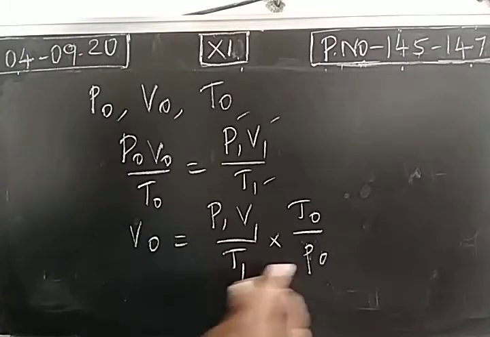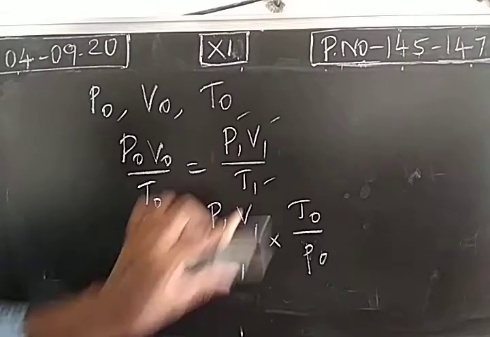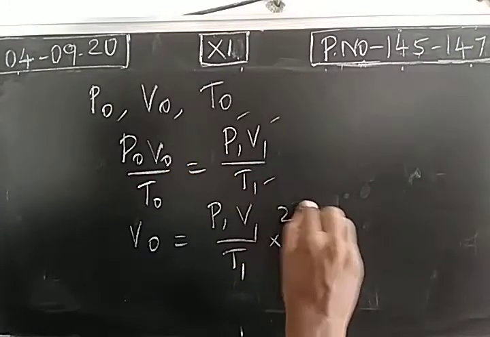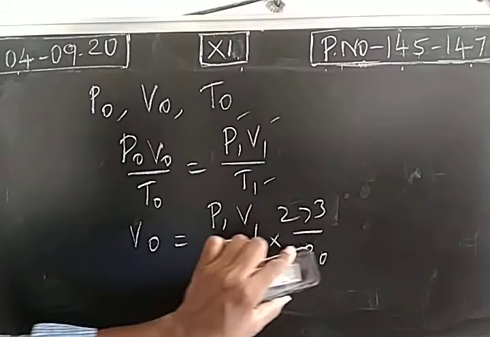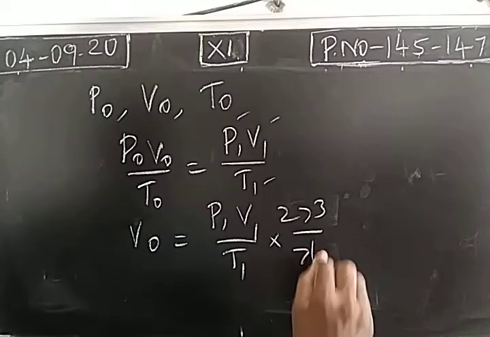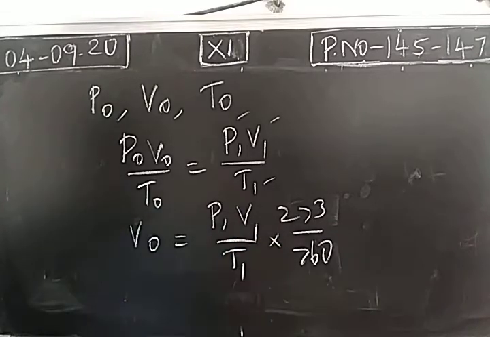P1 V1 divided by T1 into T0, standard temperature 273 Kelvin, standard pressure 760 millimeter of mercury. Okay, so this is the way to calculate V0, volume of nitrogen gas at standard temperature and pressure.